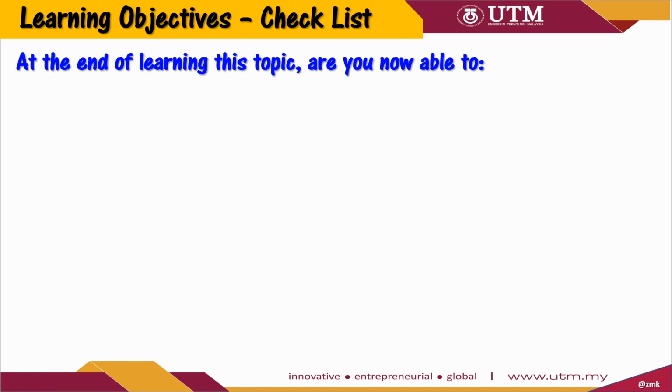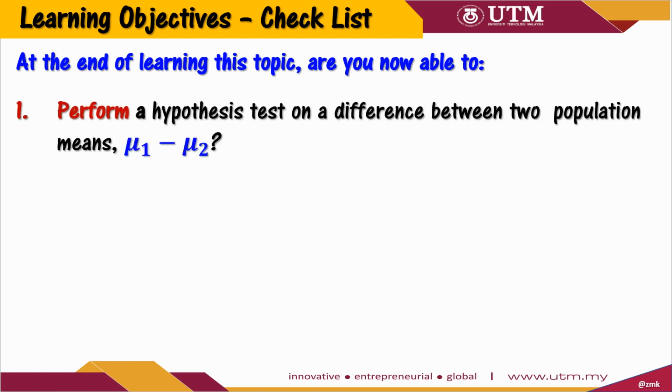At the end of watching and listening to this video, are you now able to perform a statistical hypothesis test on the difference between the population means mu1 minus mu2? The testing procedure is exactly the same as the procedure for testing single parameters. The difference is only on the parameter that you want to test, which will influence the choice of test statistics and critical values.